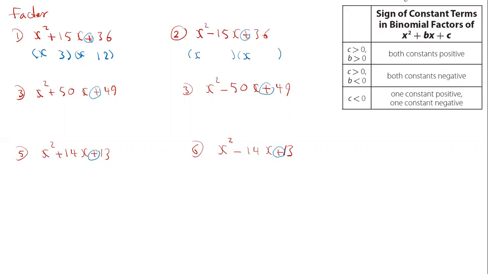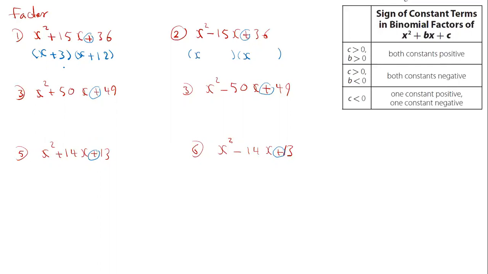Because the last sign is positive, the signs will be the same: plus, plus or minus, minus. According to the sign of the middle term, what is its sign? Yes, plus, so I will put plus, plus.